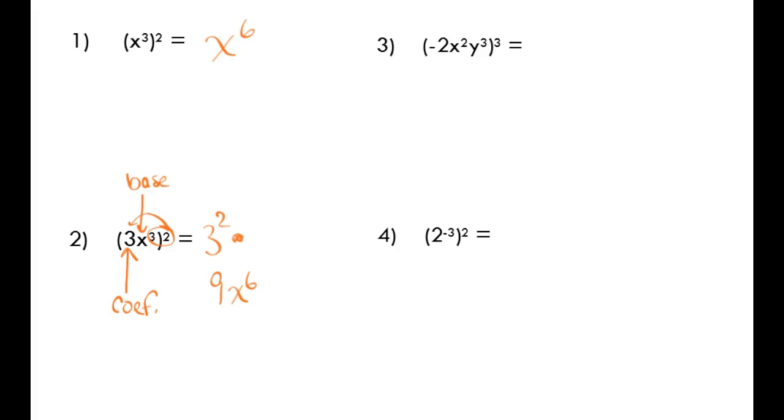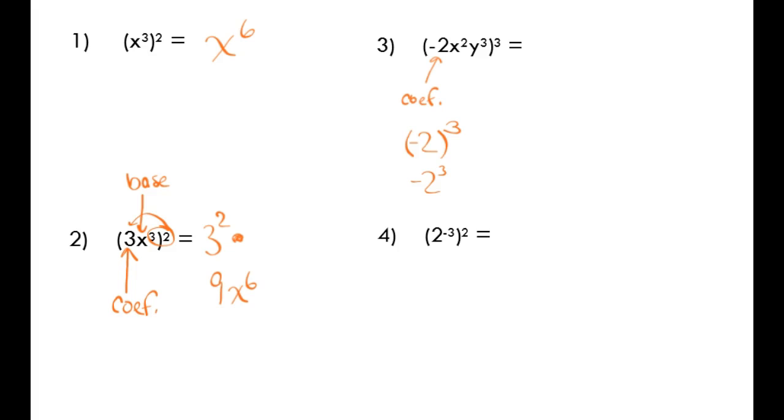Alright, number 3, there's a lot of stuff going on here. Negative 2 is the coefficient. So it's going to be negative 2. And I have to be really careful because it's all of negative 2. I don't want to leave that negative behind. And some people use the calculator. And the calculator doesn't know that you mean all of negative 2 to the third power. It's different than saying this.